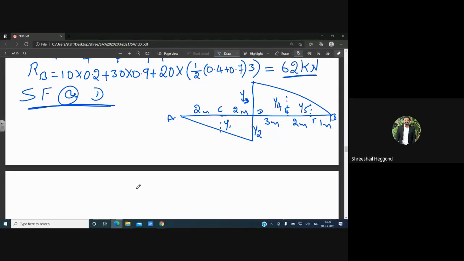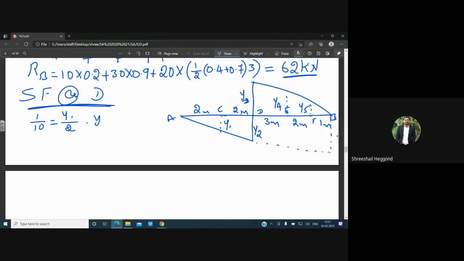Ordinates can be calculated as follows. First you need to calculate the ordinates for y1 and y2. That can be calculated by considering the full triangle. By considering unity, 1 divided by 10 is equal to y1 divided by the remaining distance of 2.